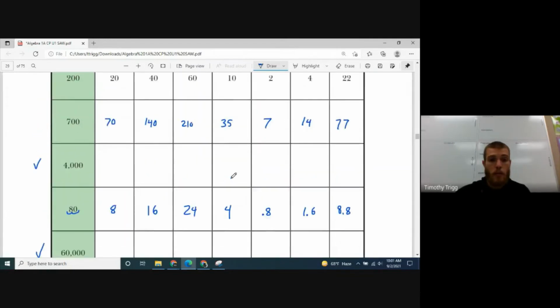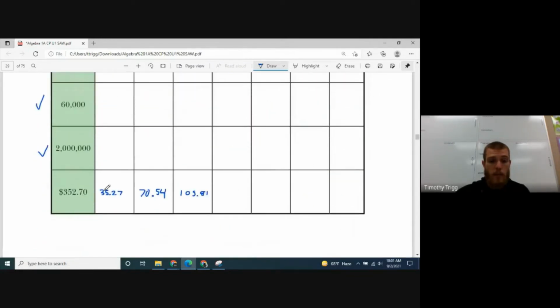For the next one, the 5%, we take the 10% and divide by 2. So that's just 35.27 divided by 2. So that's going to be 17.635. So this is the 5%. For the 1%, we move the decimal 2 places. So that's going to become 3.527. That's the 1%. For the 2%, we double that.